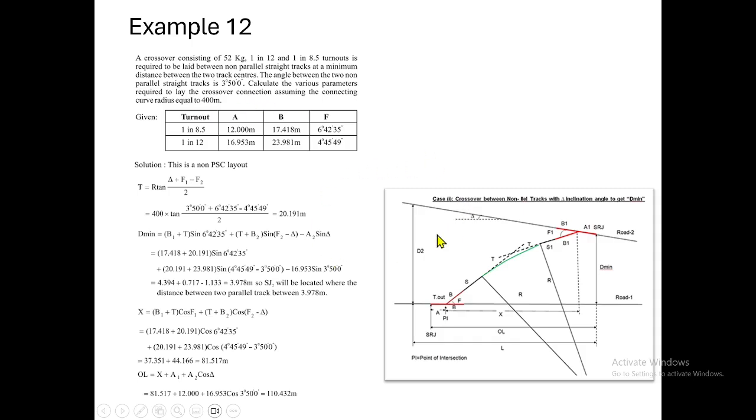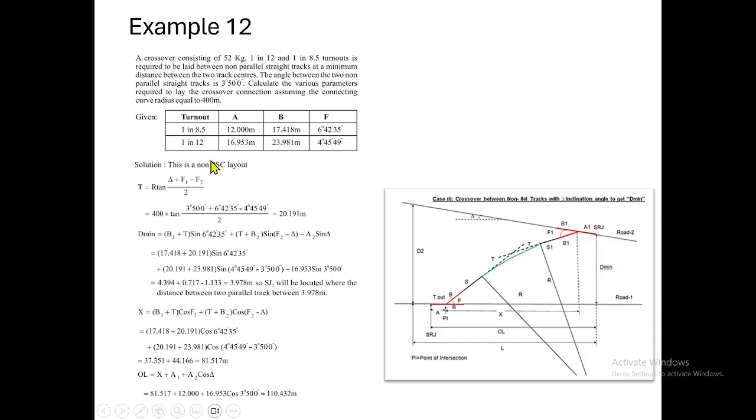Here we are first calculating the minimum distance between two tracks. That means how much minimum distance we have to find out, at what distance we have to keep the inclined track. We cannot keep it very close, because in that case we can't get the perfect connection. Otherwise it will overlap, that is why you have to find out the minimum distance.